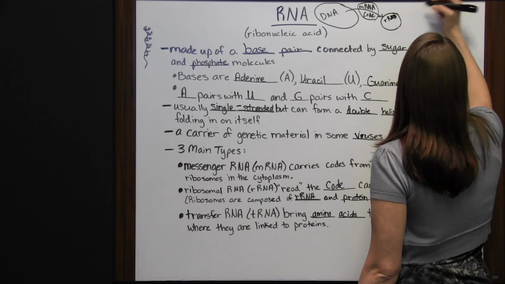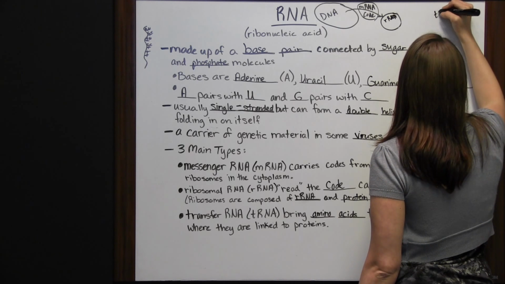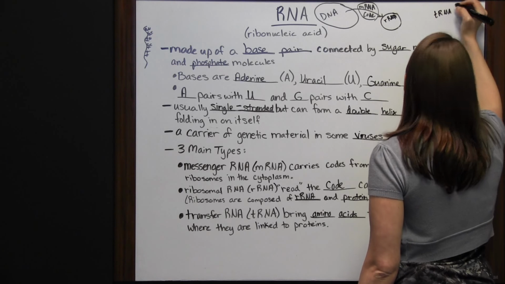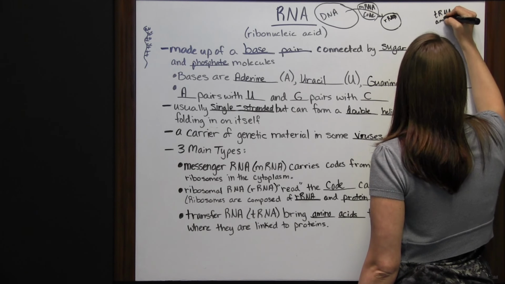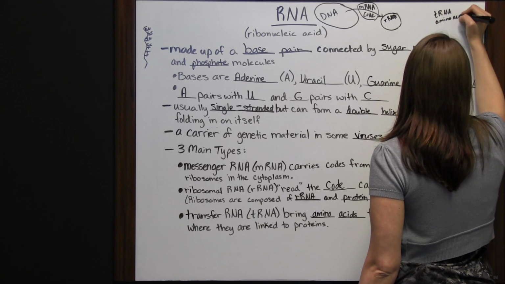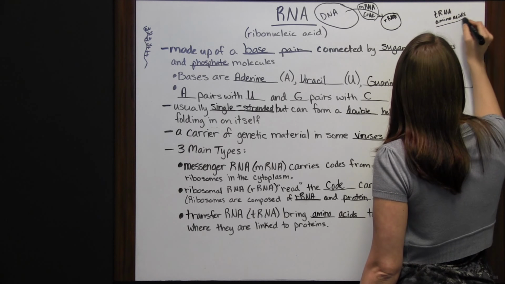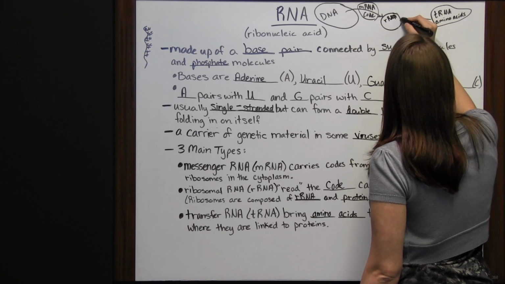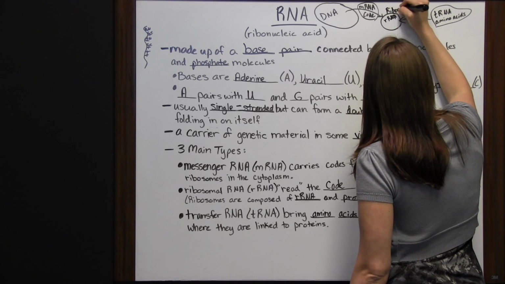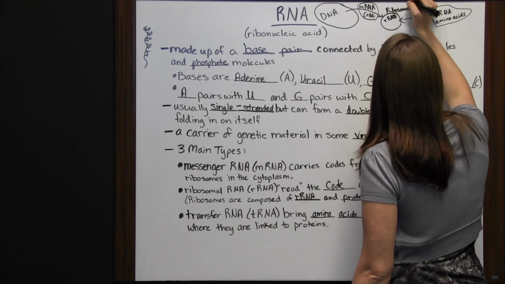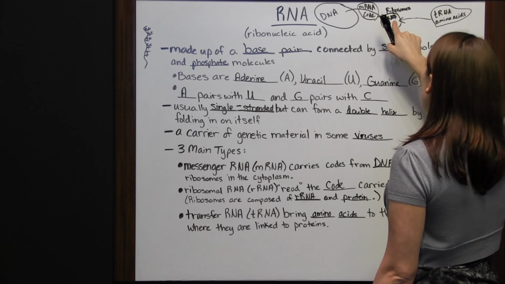And then you've got transfer RNA out here, and it's going to bring amino acids into the ribosome. So you've got your ribosome here, and your ribosome holds the RNA.